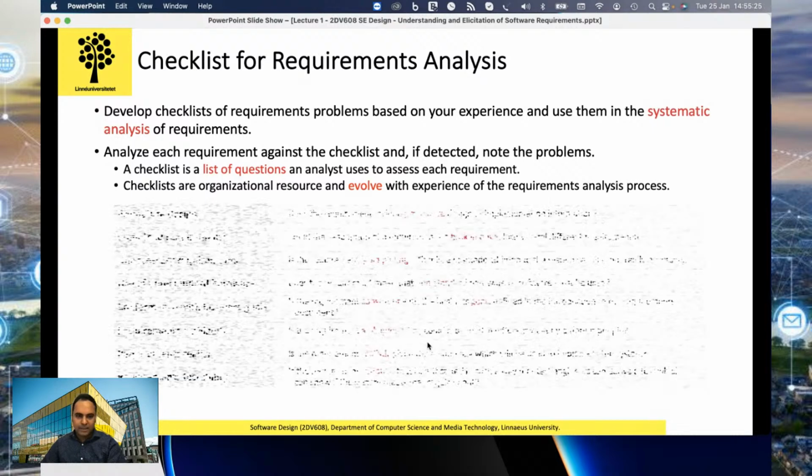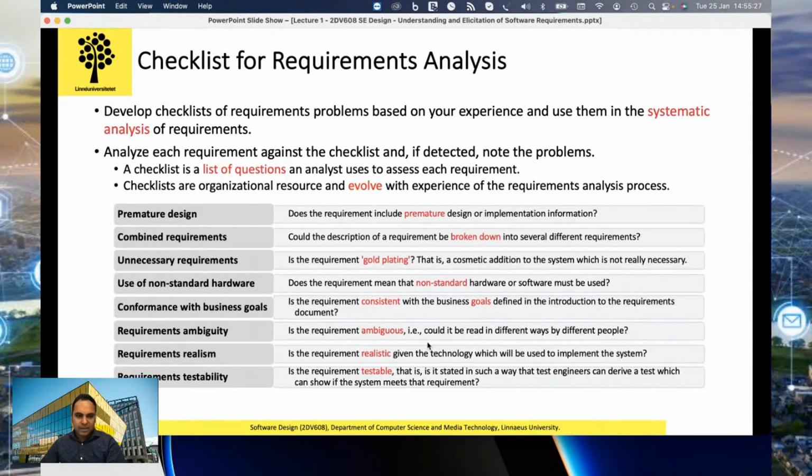The reason is that we have 7 or 8 questions here for requirements analysis. That means for each individual requirement, you will ask these questions and you have some answers based on which you may decide that your requirements are complete and consistent or not.